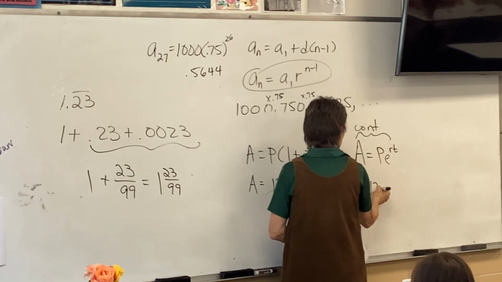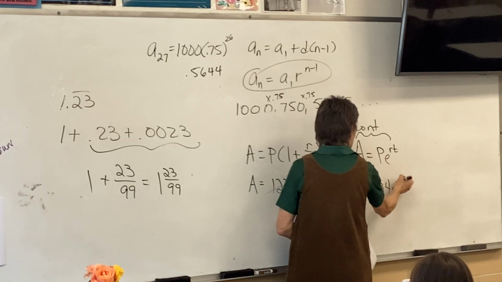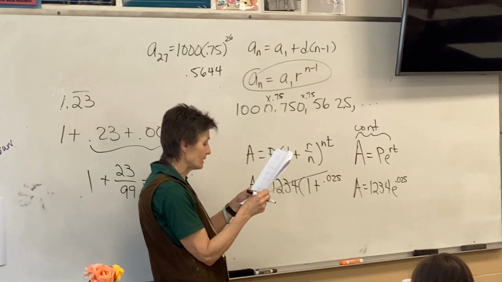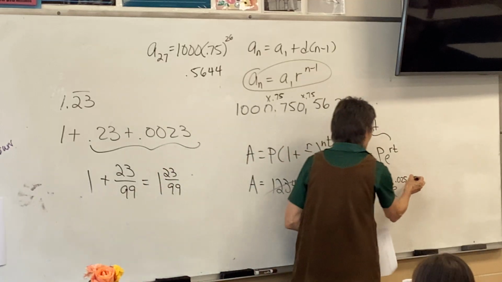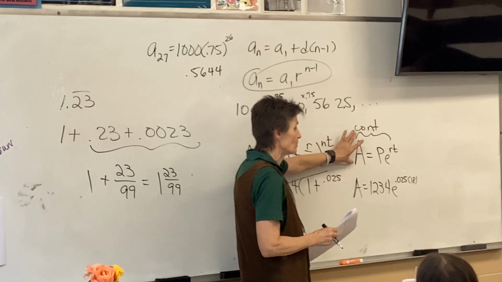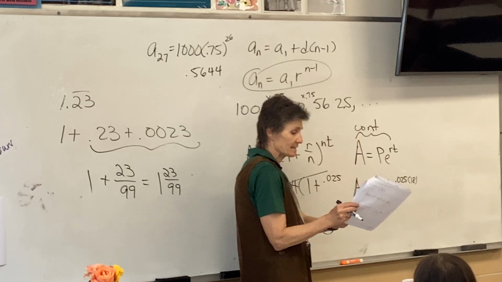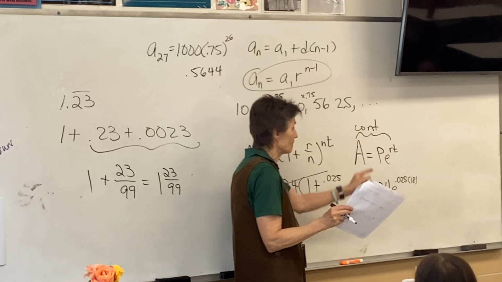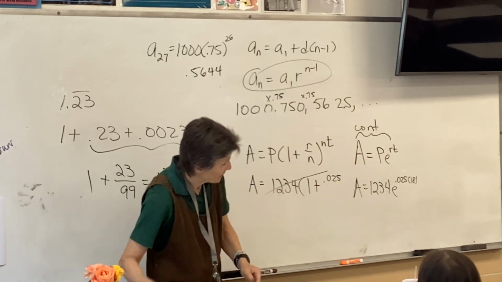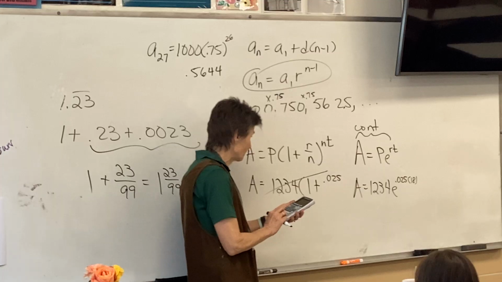A equals 1, 2, 3, 4, e to the 0.025. How many years am I leaving it in there for? 18. So now this is the compounded continuously formula, and it says it's compounded continuously, so I have to use this one. And then I'm just going to type that in.